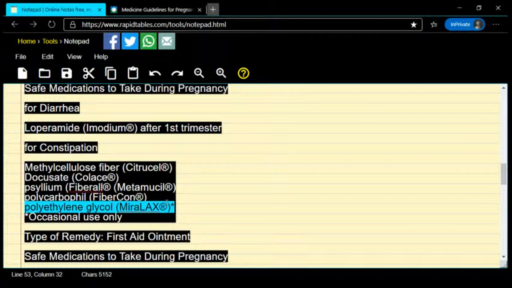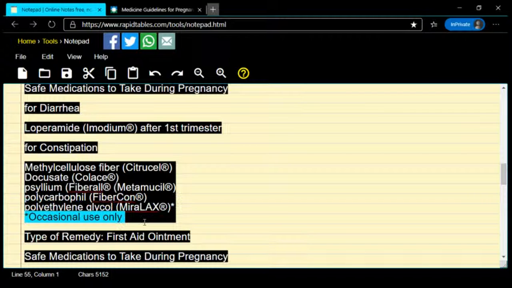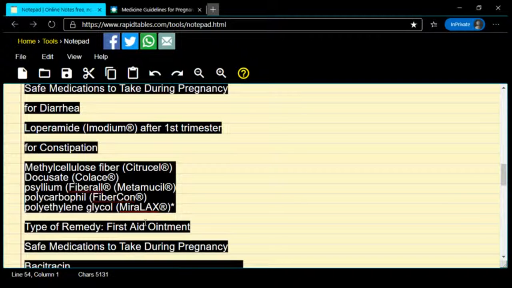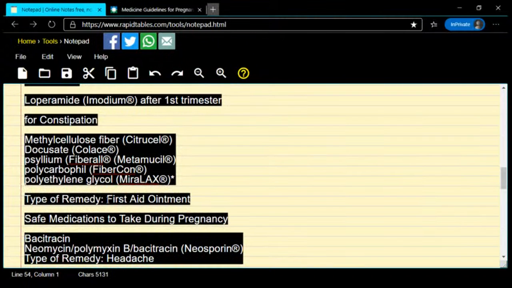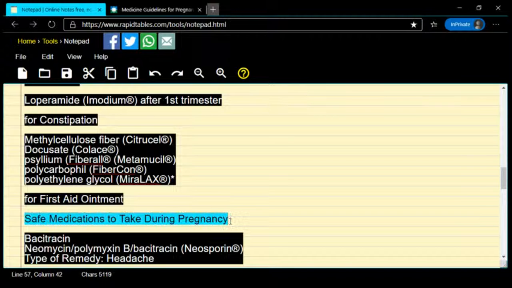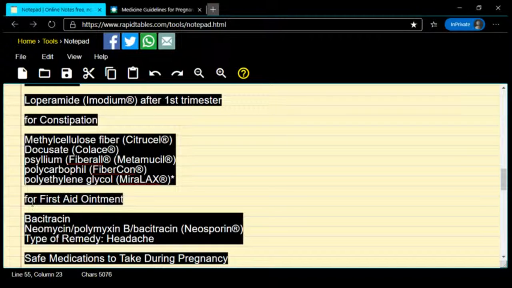Next drug we have occasional use only. We don't have to write this sentence. And then first aid ointments. Safe medication to take during pregnancy: we have bacitracin, which is a first aid ointment.